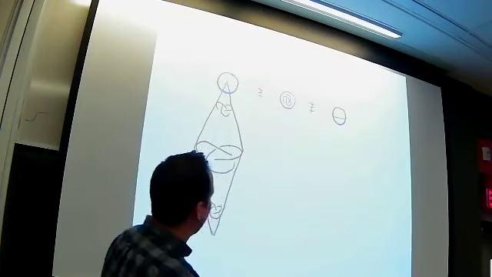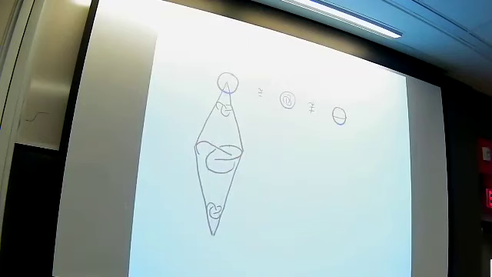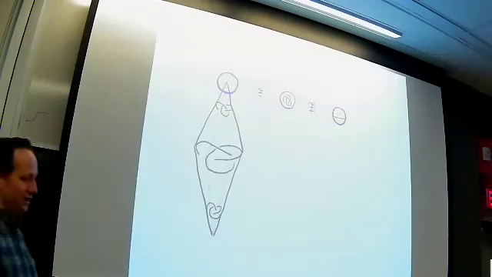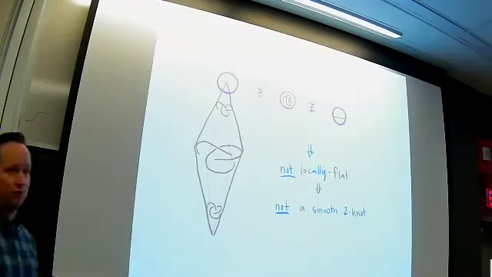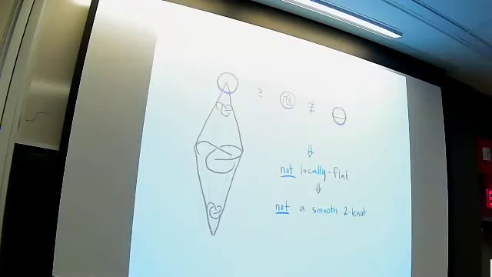And since that's not topologically equivalent to the boundary of the standard pair of B2 inside B4, that tells me this little neighborhood is not topologically standard. So it's not a locally flat surface, and therefore it's not a smooth 2-knot. Okay. So this is our first non-example of something that could be a candidate for a 2-knot, but unfortunately it's not smooth because it's not locally flat. Any questions there?